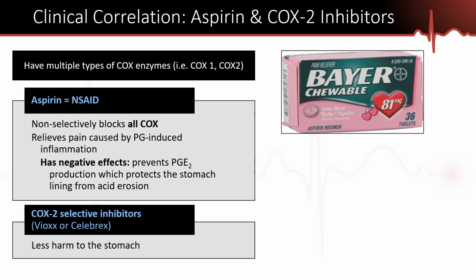So let's say someone has a headache, or you have a headache. What do you go for? Probably something like ibuprofen, aspirin, Tylenol, one of those drugs. And there are some differences between those drugs. But what they all do is every single one of them goes after that COX enzyme, that cyclooxygenase enzyme.